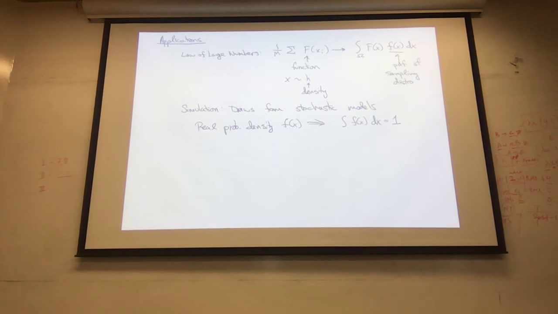So it may be that the shape of f of x may only be expressible as computer code. So then you could say, how do I normalize for Monte Carlo sampling?